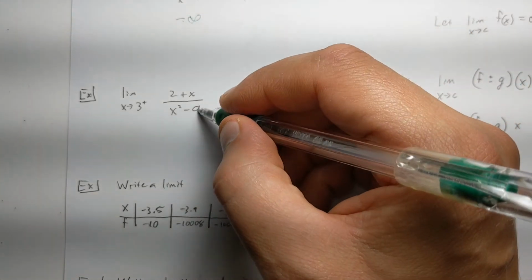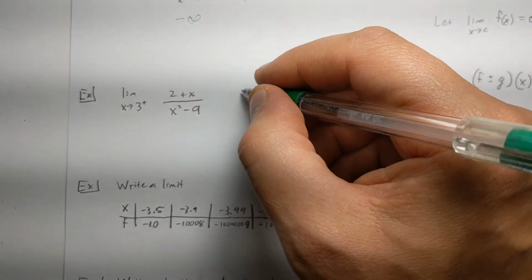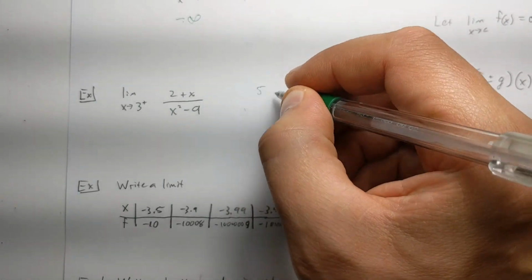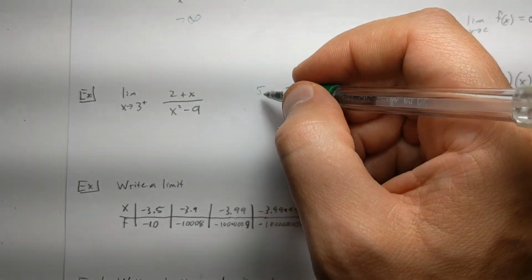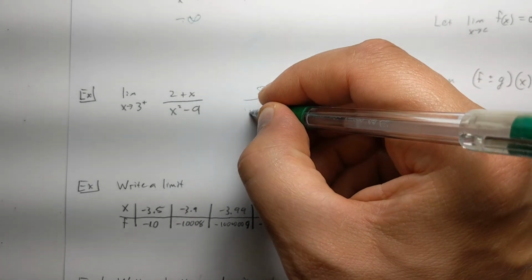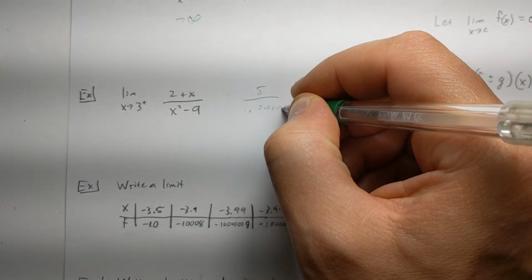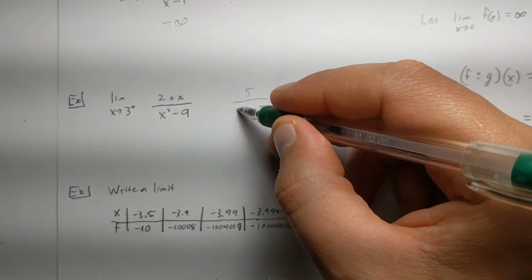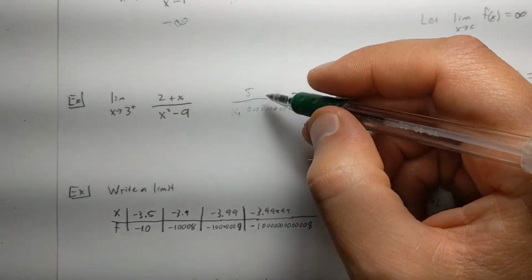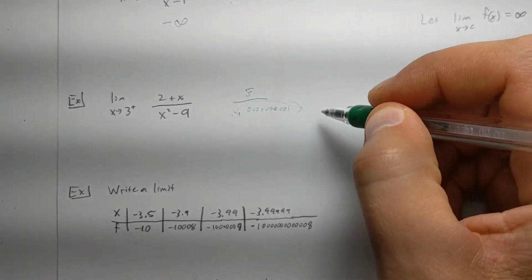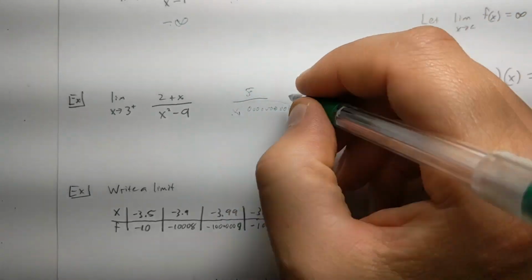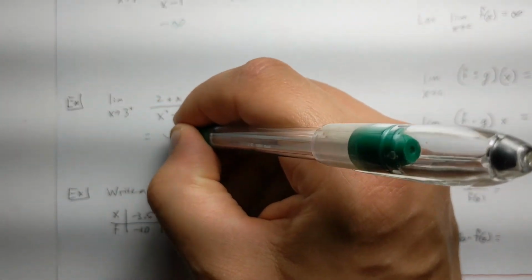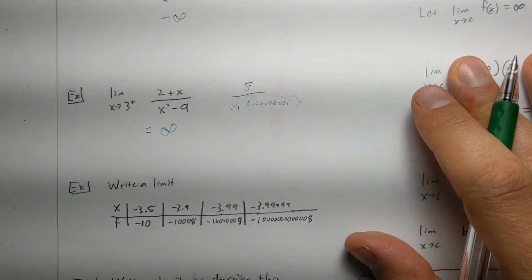But then we're going to subtract 9 again, so it's going to be something close to 5, and then something again really, really small. The closer this number gets to 0, the bigger this number gets. So once again, this is going to have a limit of infinity.